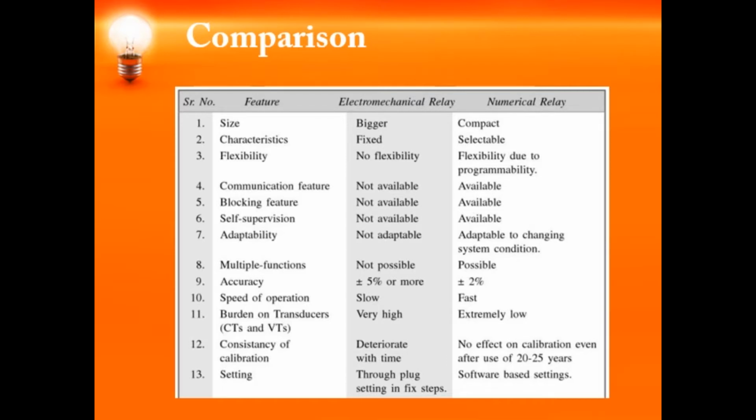Coming to accuracy, electromechanical relays might not be that accurate compared to numerical relays. Numerical relays are very accurate, and they operate faster compared to electromechanical type relays. The burden on the transducers, that is on the CTs and PTs, is very low in the case of numerical relays, whereas in electromechanical relays it is very high.